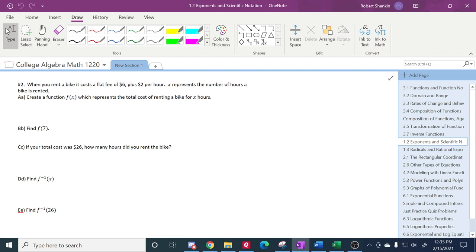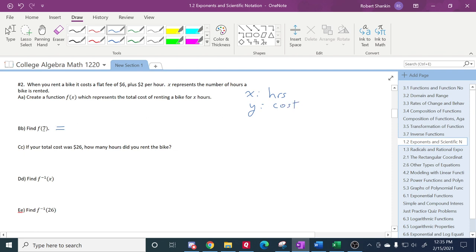Alright, so I'm going to start actually with f of 7. X is the hours that you rented the bike, and y or f of x is the cost.